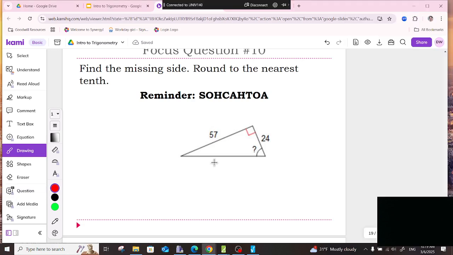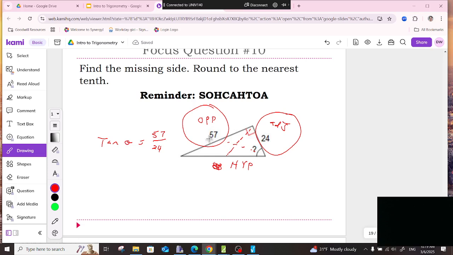So for this one, it was tangent theta equaled 57 over 24, because this is opposite is here. Hypotenuse is here. Adjacent. So you know you're using tangent because it's the trig function that uses the opposite and adjacent.